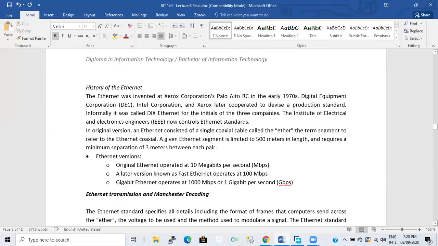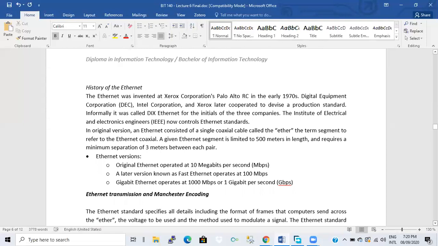The history of Ethernet. So Ethernet was invented at Xerox Corporation at the Palo Alto Research Center in the early 1970s. Digital Equipment Corporation, Intel Corporation, and then Xerox later cooperated to devise a production standard.